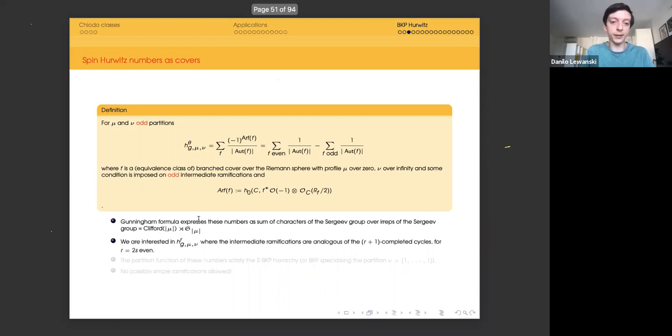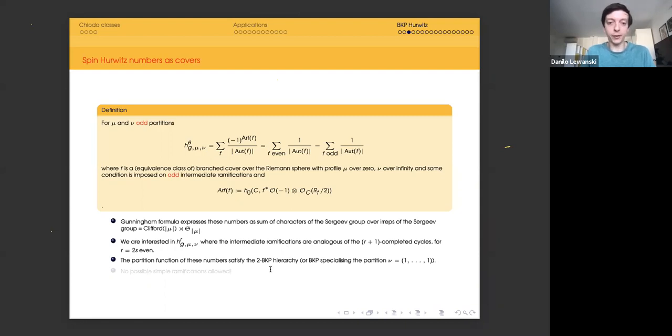And again, we are interested in these spin Hurwitz numbers in which the intermediate ramifications are some analogue of the R+1 completed cycles. It's possible to define it, where R this time has to be even because we want R+1 to be odd. So we always have to be careful about these even odd conditions. And their integrability is now of the type BKP or small BKP.